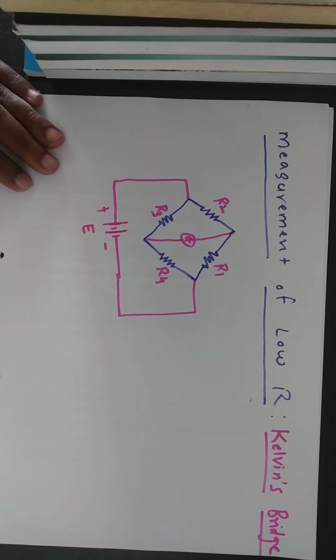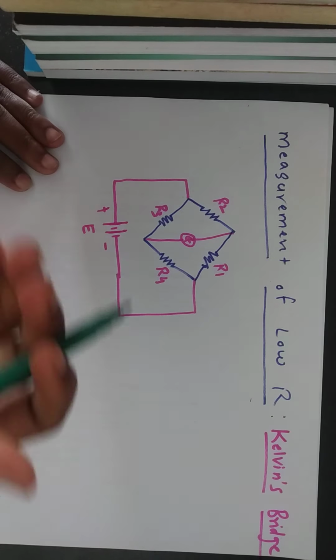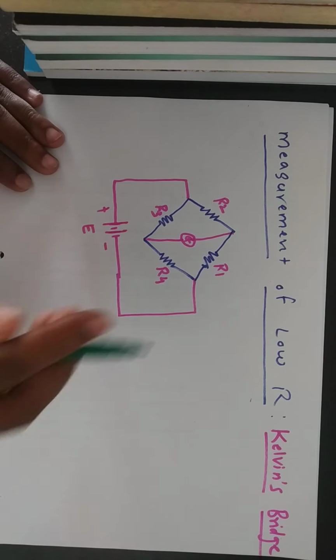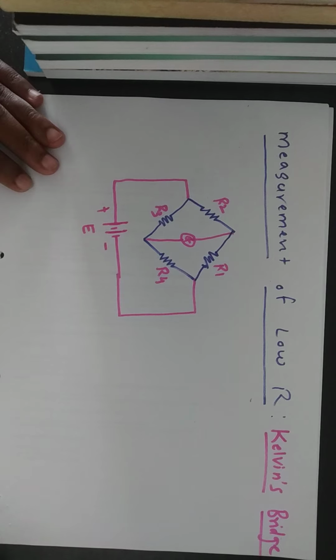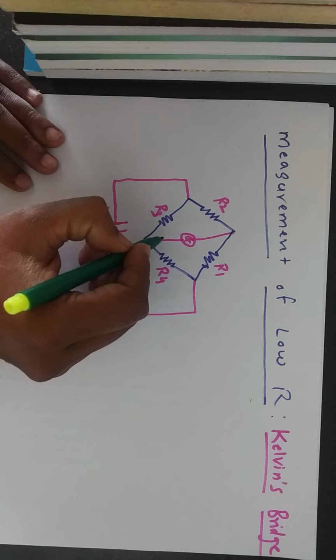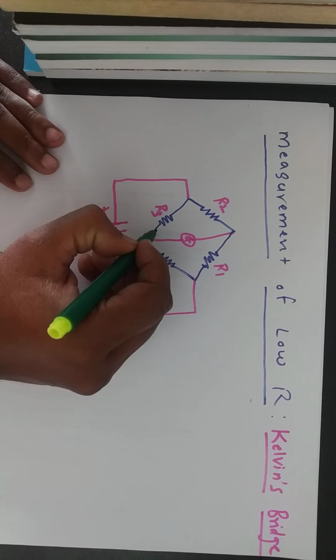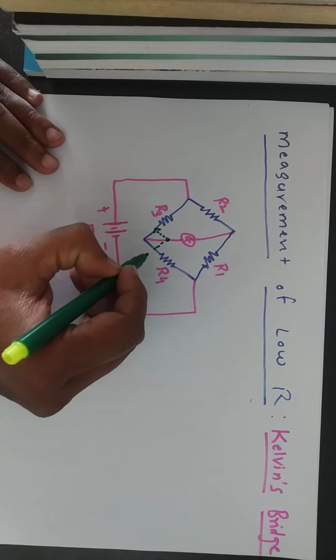So in this network we can modify it like this. As we know, the Wheatstone bridge network cannot measure low resistance, and in the case of low resistance measurement, lead and contact resistance becomes significant. So we can connect this galvanometer either in this direction or this direction.